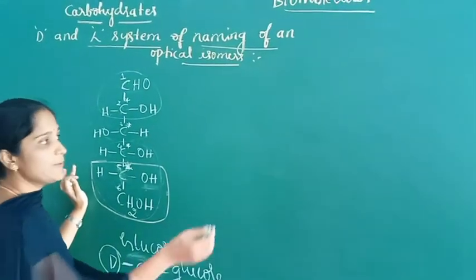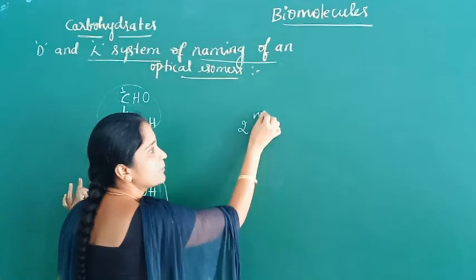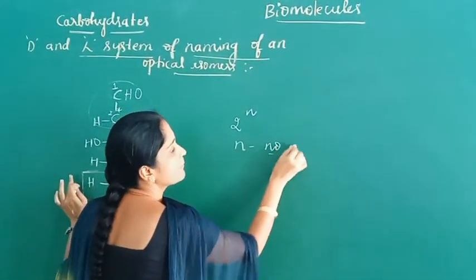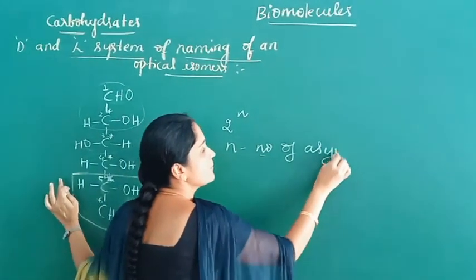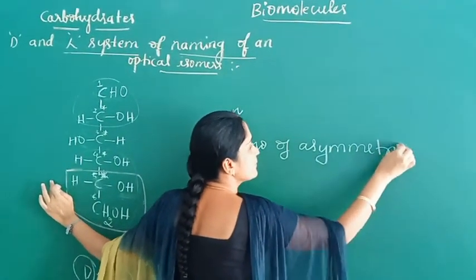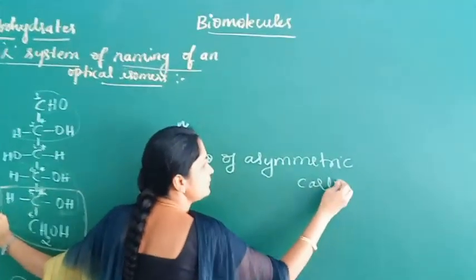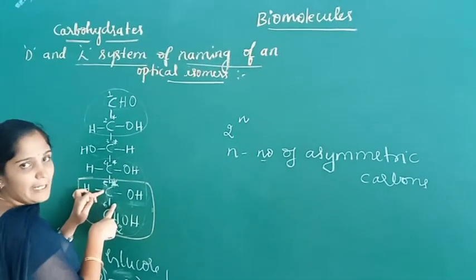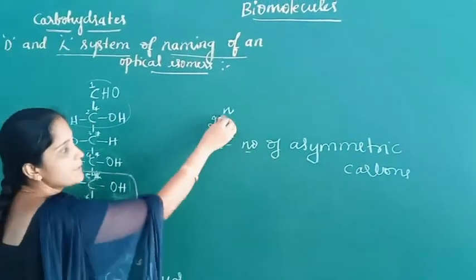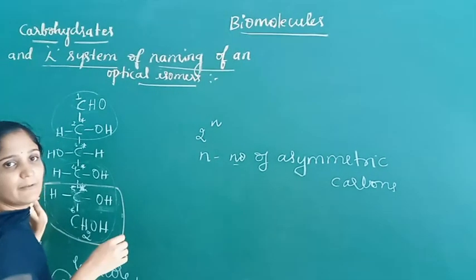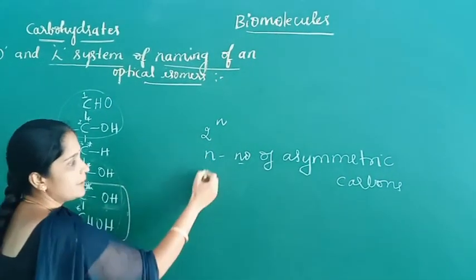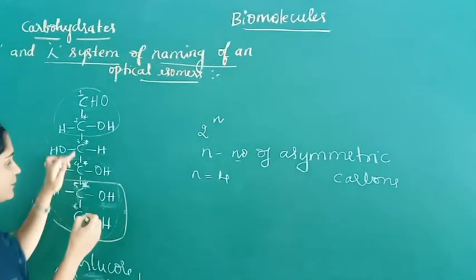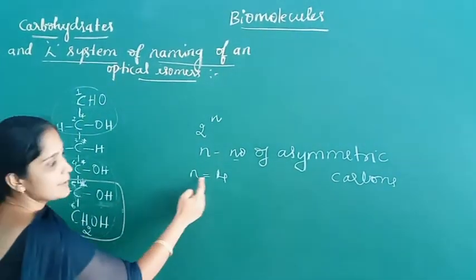So by using the formula 2 to the power of n, where n is the number of asymmetric carbons, we can calculate the number of optical isomers possible. By substituting the value of n, n equals 4 here, since in glucose there are 4 asymmetric carbons.